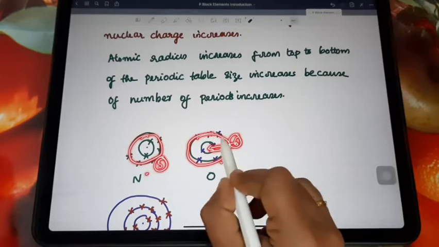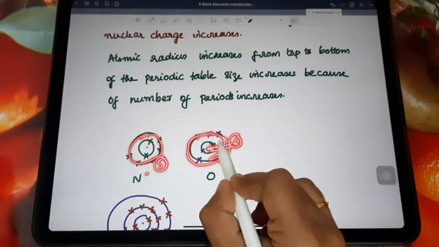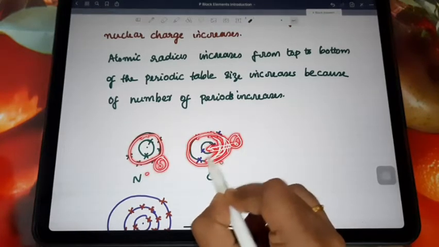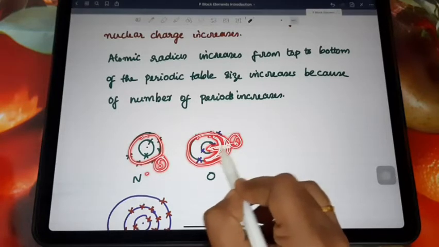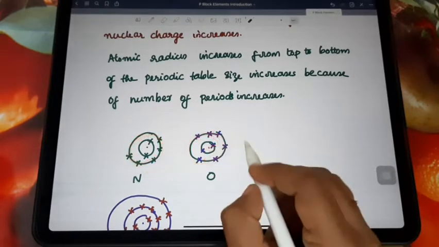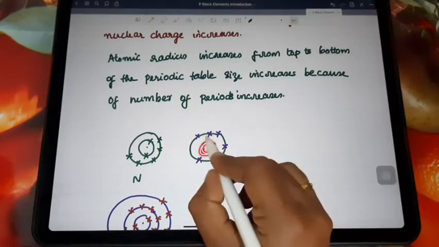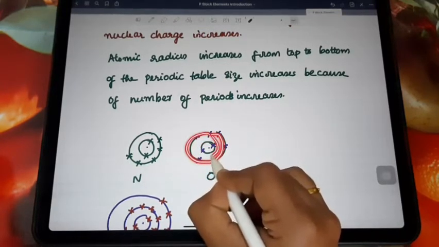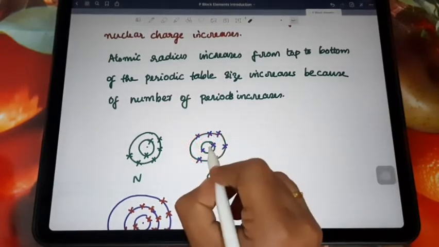So when the last shell is attracted towards the nucleus, what happens? This shell goes towards the nucleus, so it reaches near to the nucleus. So what happens to this structure? This is the first shell and this second shell is going to be near to the first shell again. So what happens to the size?